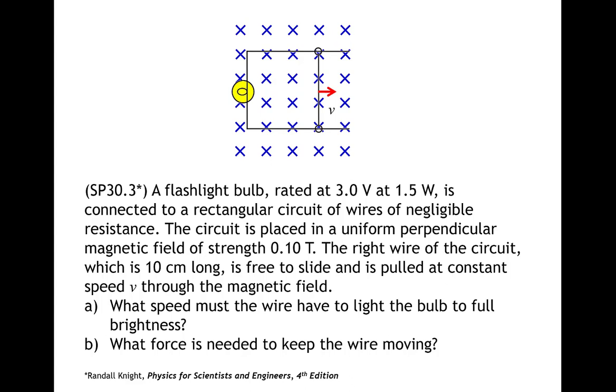The right wire of the circuit, which is 10 centimeters long, is free to slide and is pulled at constant speed v through the magnetic field. What speed must the wire have to light the bulb to full brightness? What force is needed to keep the wire moving?